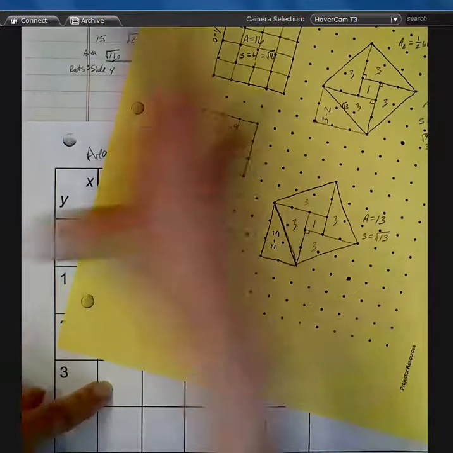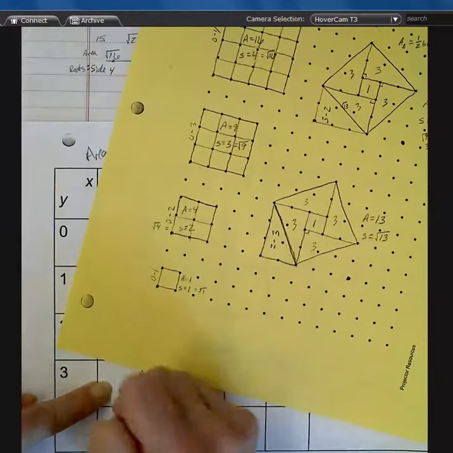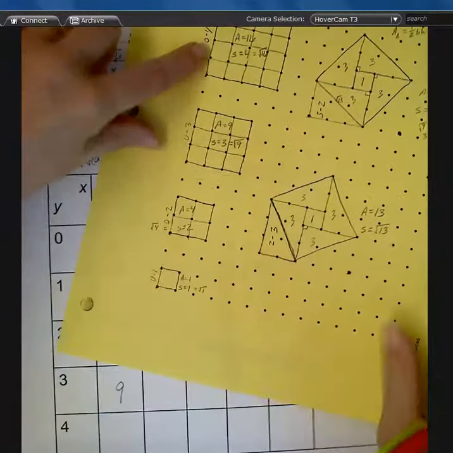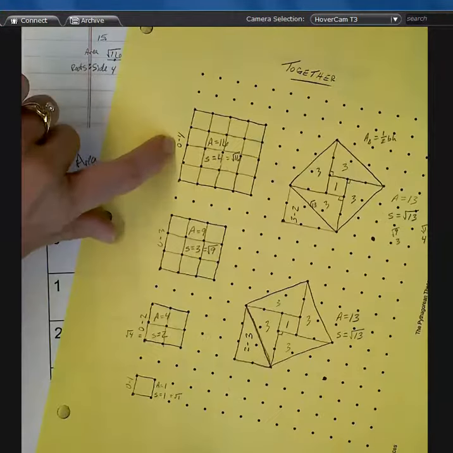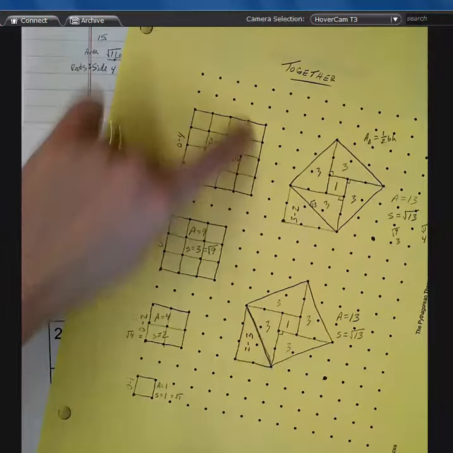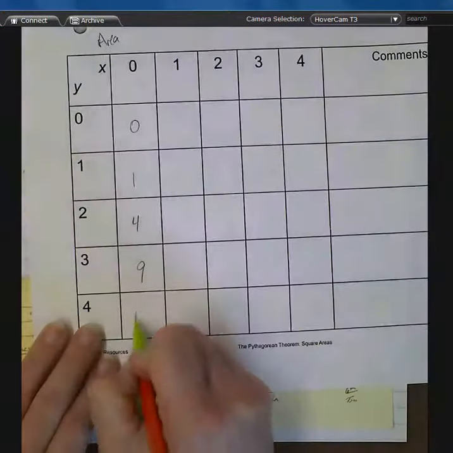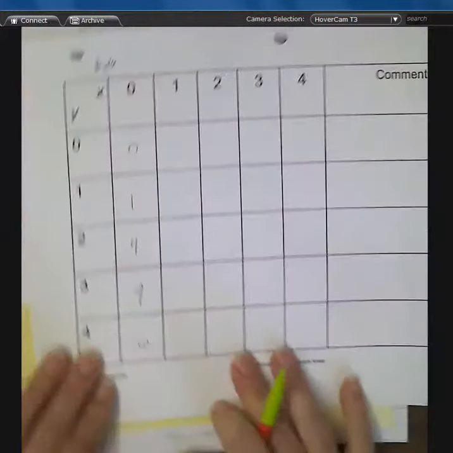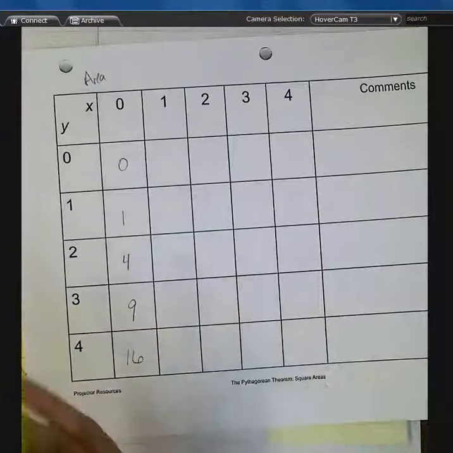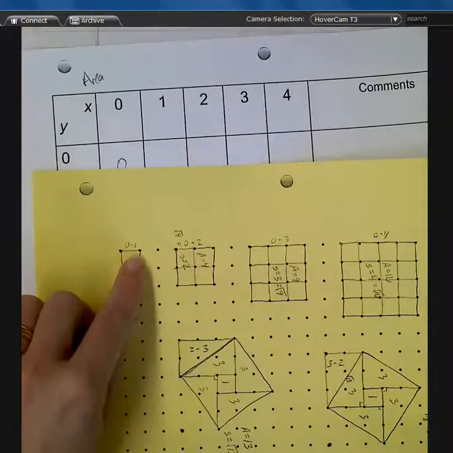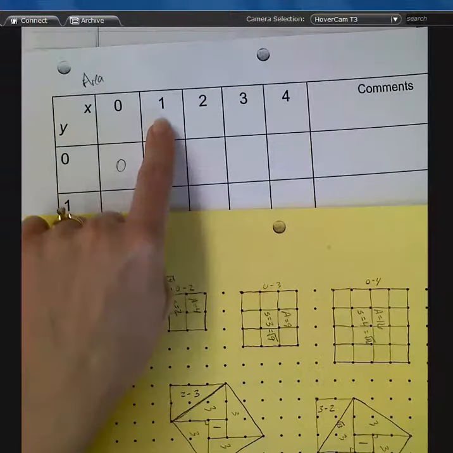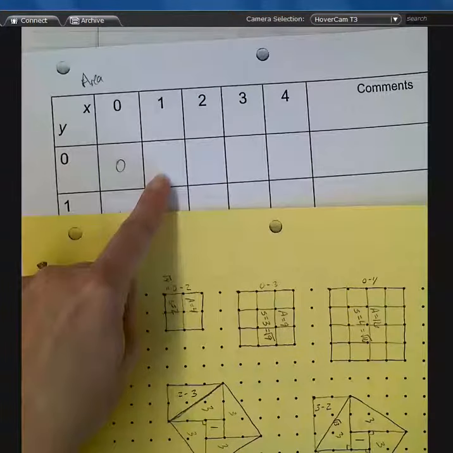Because you're all going to put your data on this same paper. I'm just going to show you how you fill it out. So you're going to get some squares, and I'm going to give you an x and a y number, like 0 and 4. You and your group are going to figure out what the area is and come and put that on the chart. Okay? What if I tilted this square, and I had the x number 1 and the y number 0?